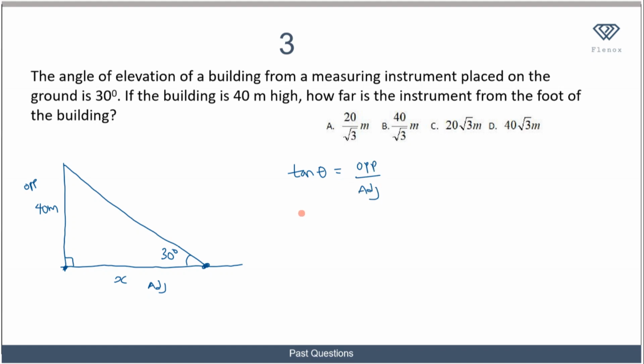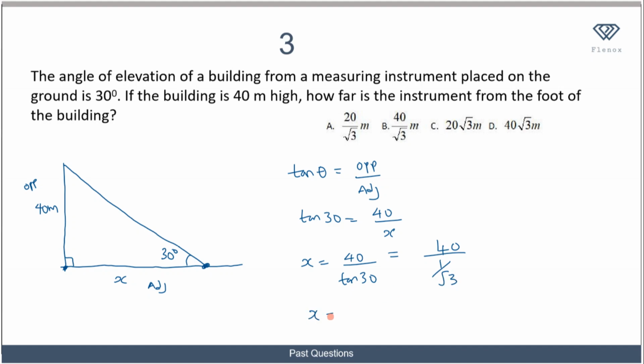In this case, theta is 30 degrees. So tan 30 degrees is equal to the opposite, in this case 40, over the adjacent, which is what I'm looking for, x. So x becomes 40 over tan 30. And tan 30, if we check our table, is 1 over root 3.